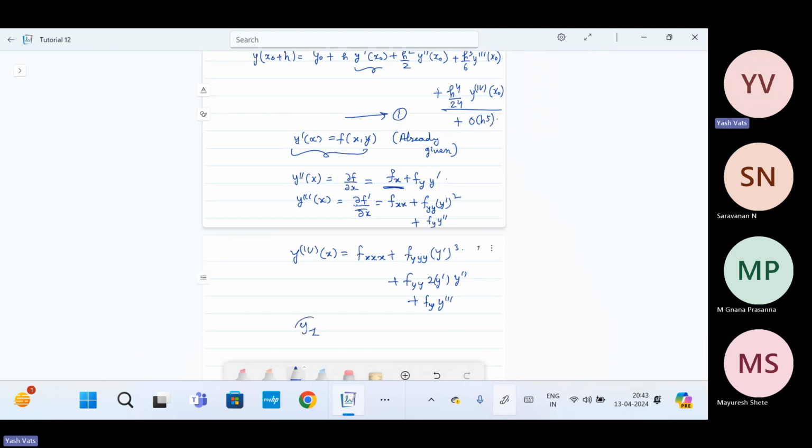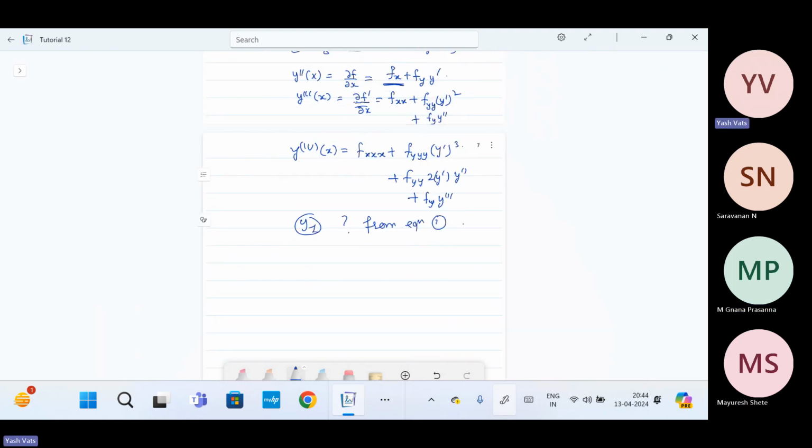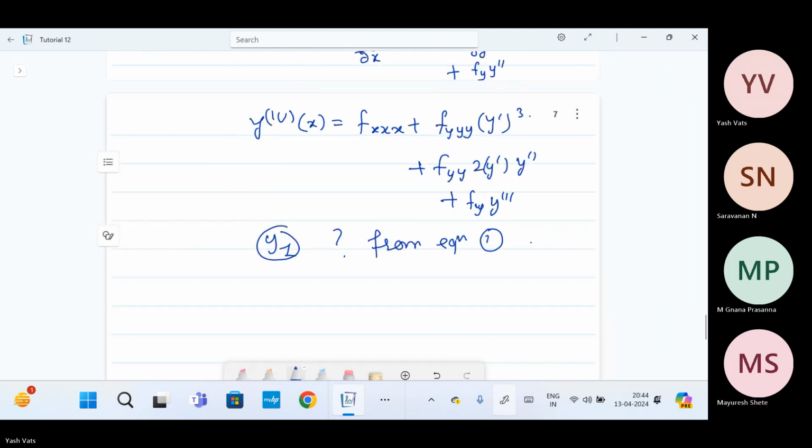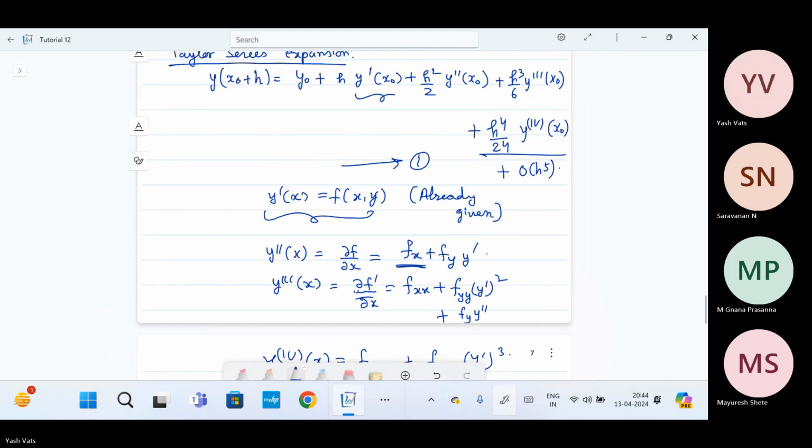So you get y1 from there. Yes, any doubts? You understand this formula? Understood.